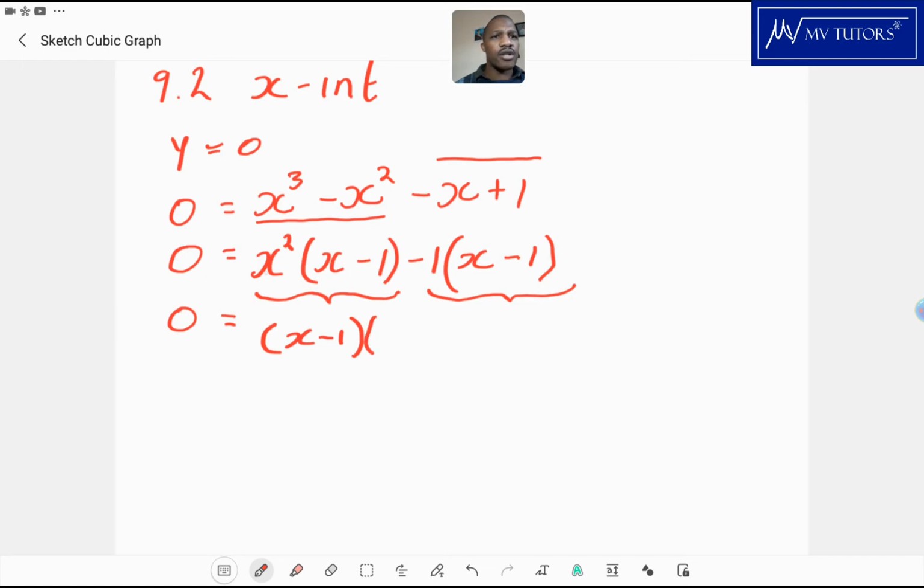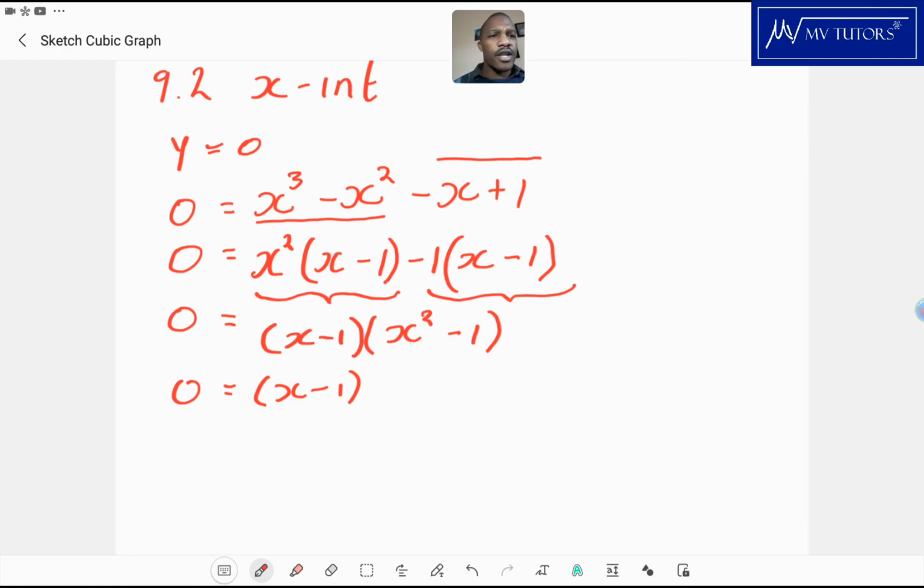Now, in order to get this term, the first one, I need to multiply with x squared. And in order to get this second term, I need to multiply with minus 1. Okay, so there we go. Now we can make it expanded, x minus 1.